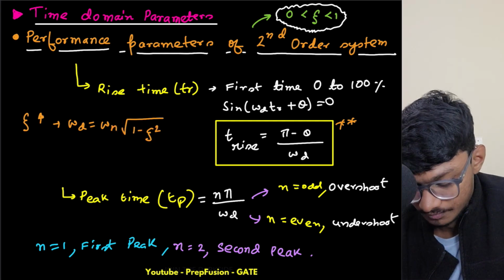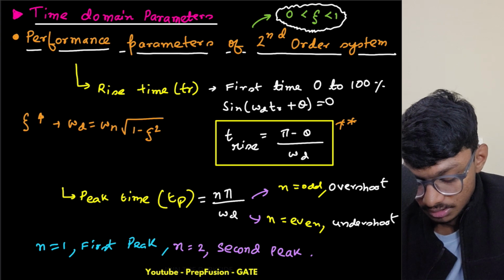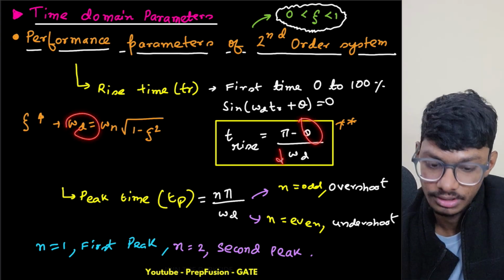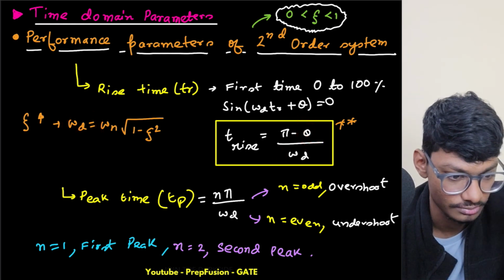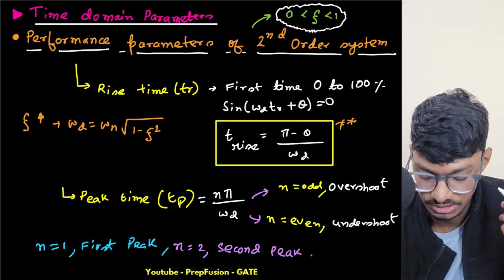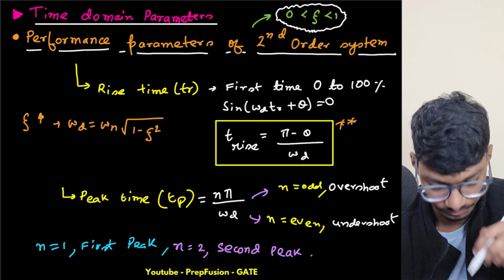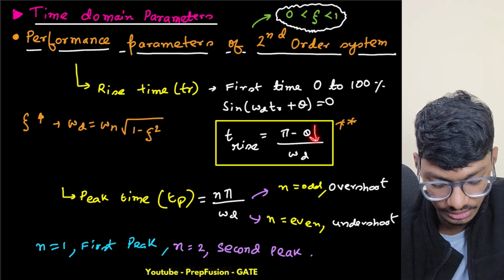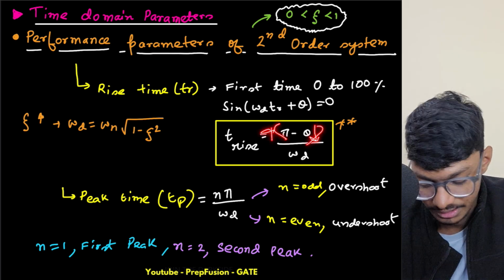So omega d is reducing. And what about the numerator? What is theta? My zeta is equal to cos theta. So if zeta increases, cos theta will increase, but theta will reduce.